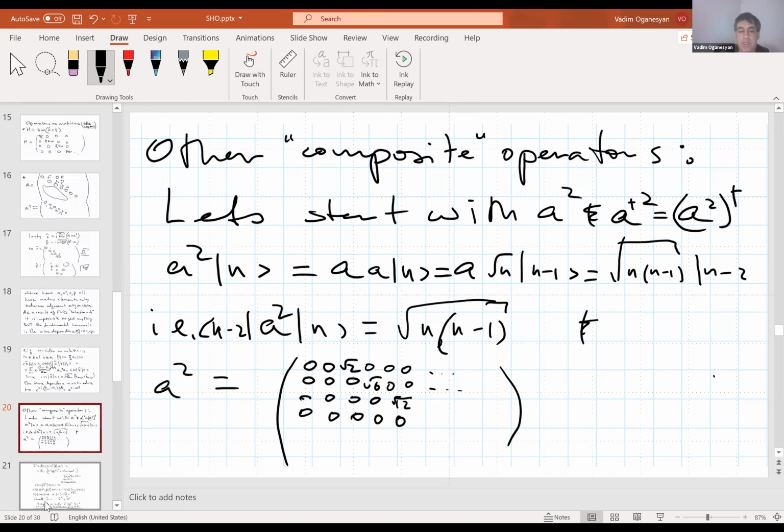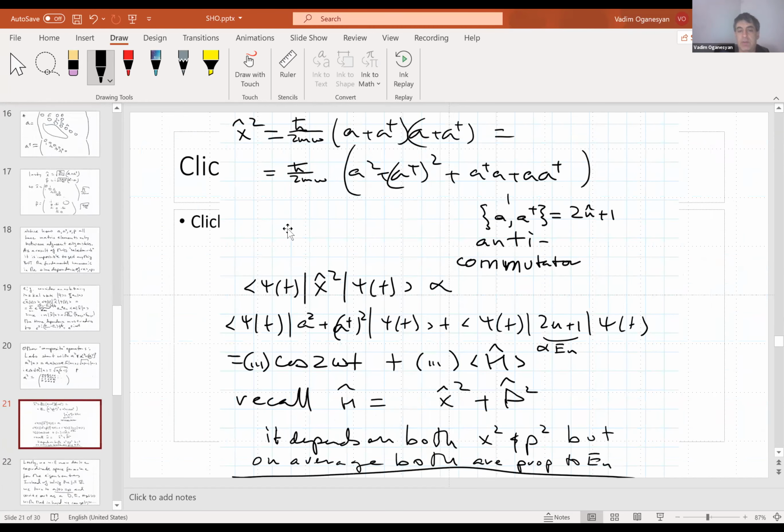And that basically means that, if you try now to go to things made up of A squares and A daggers, for example X squared, you can write it out. It has a contribution which is A squared and A dagger squared, but also a contribution containing A dagger A plus A A dagger, not minus. If it was a minus, it would be called a commutator.